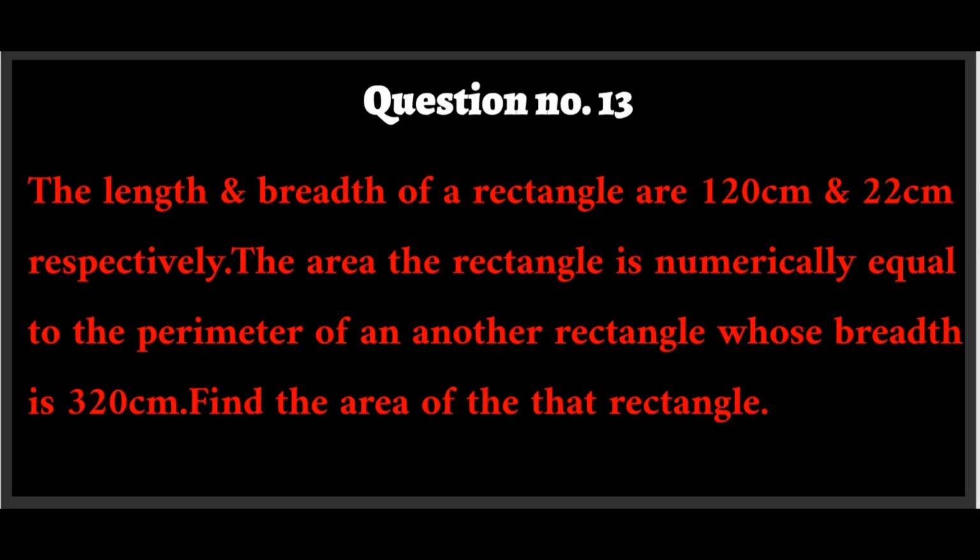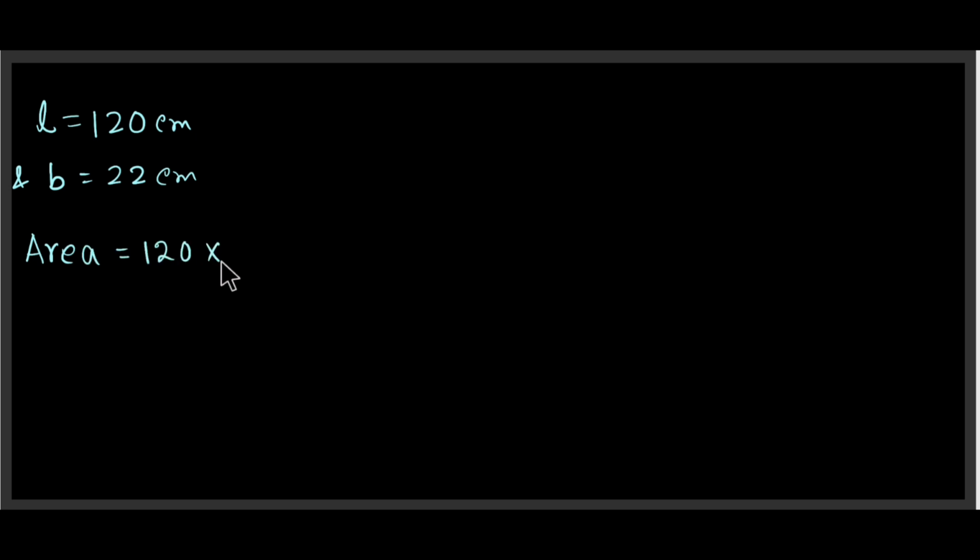Question number 13. Now the given length and breadth of the rectangle is, length is 120 centimeter and breadth is 22 centimeter. So the area of the rectangle is 120 into 22, and which is equal to 2640 centimeter square.